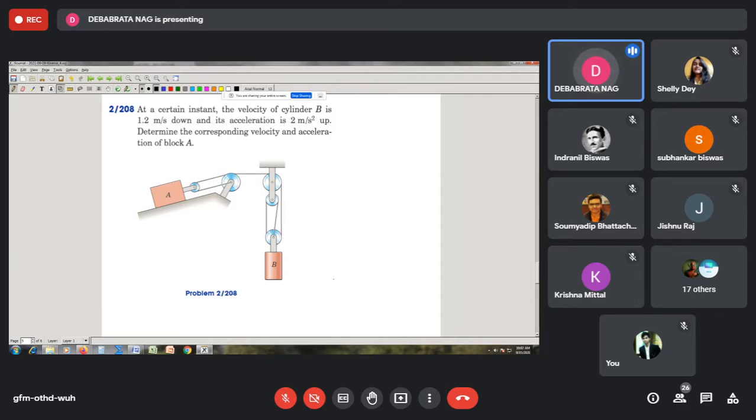There are several pulleys which are connected by means of strings. We have the block A connected by means of the strings here, and then we have another block B. So there are two blocks here.